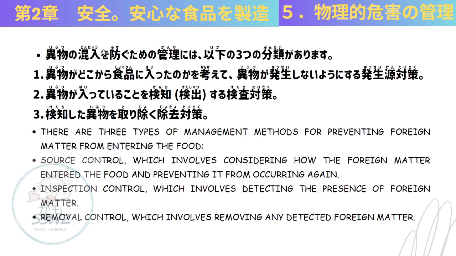So to prevent them from getting into our foods, we need to do three things.